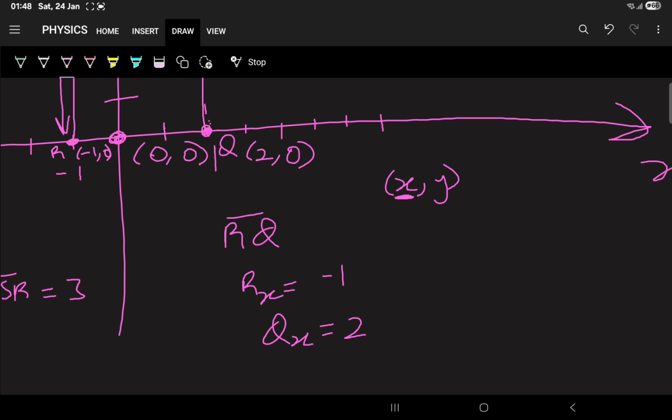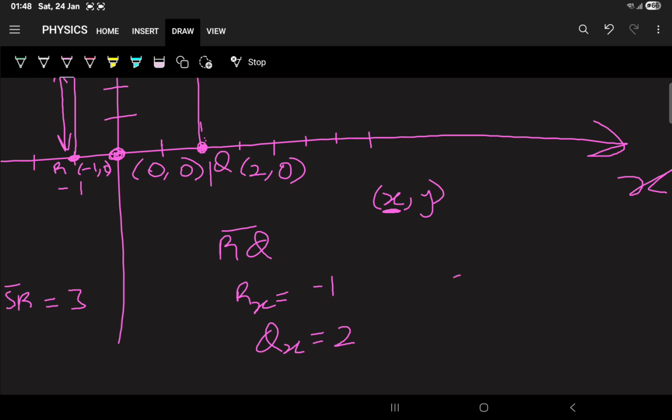Therefore, the length between R and Q will be the change in length between R and Q on the x-axis, and that's going to be 2 minus (-1). That's also 3.